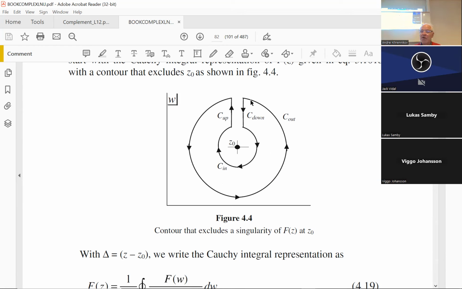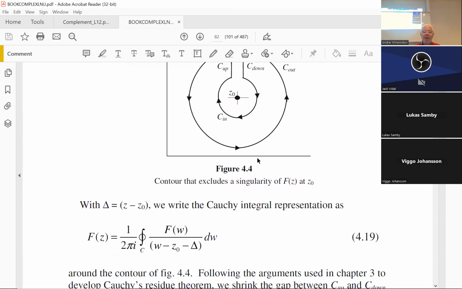So we go counterclockwise down, and here it becomes clockwise, and then again counterclockwise. So if we then close this gap, it would be clockwise. So the direction of the outer contour and the inner contour are different.